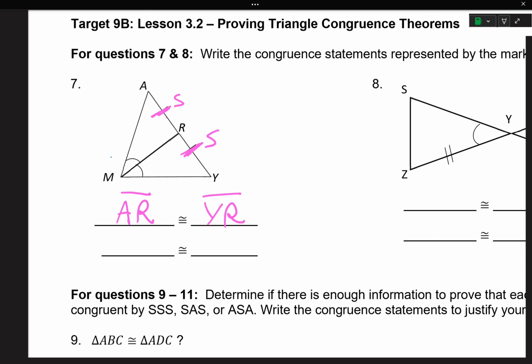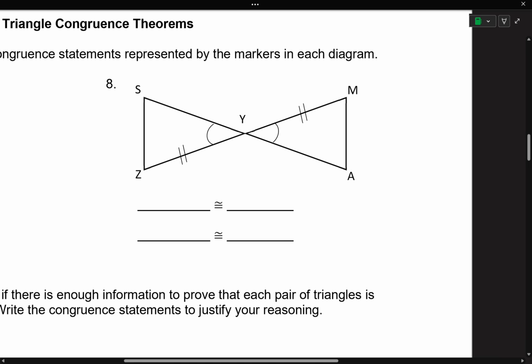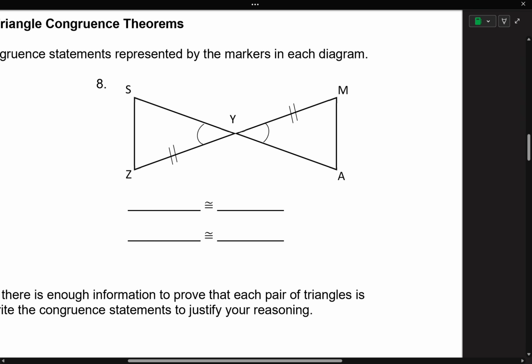Let's do the angles next. We've got angle AMR congruent to angle YMR. Alright, let's do the same thing for number 8. I've got double ticks. Let's match them up.